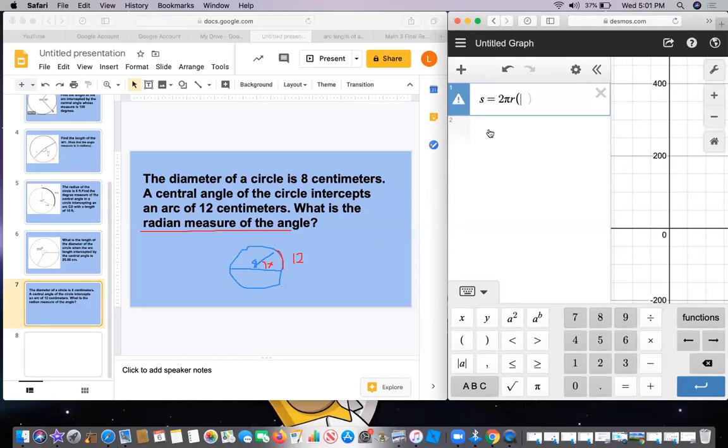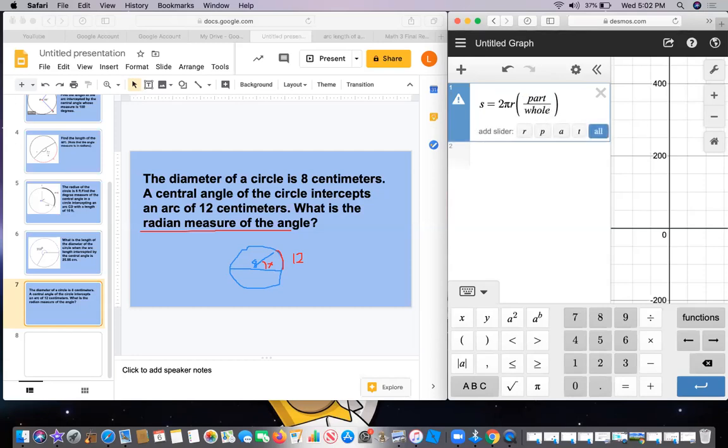How do we write that fraction? It is part over whole.